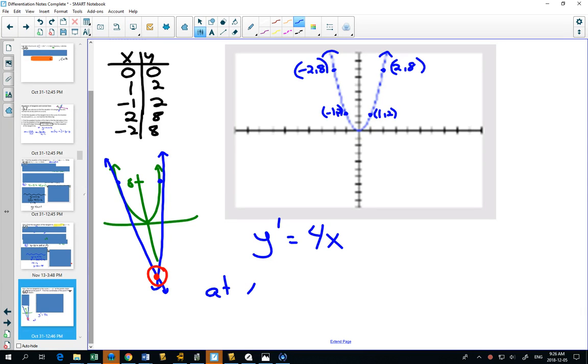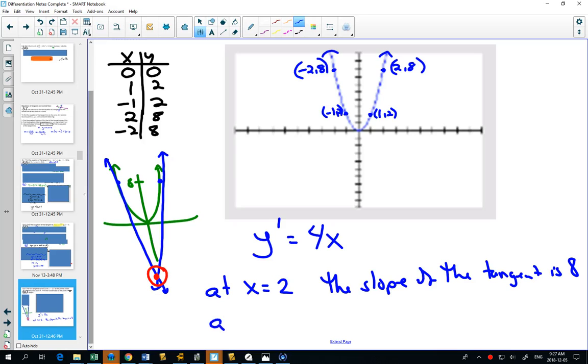So at x equals 2, can you see the slope of the tangent is going to be 8. At x equals negative 2, the slope will be negative 8.